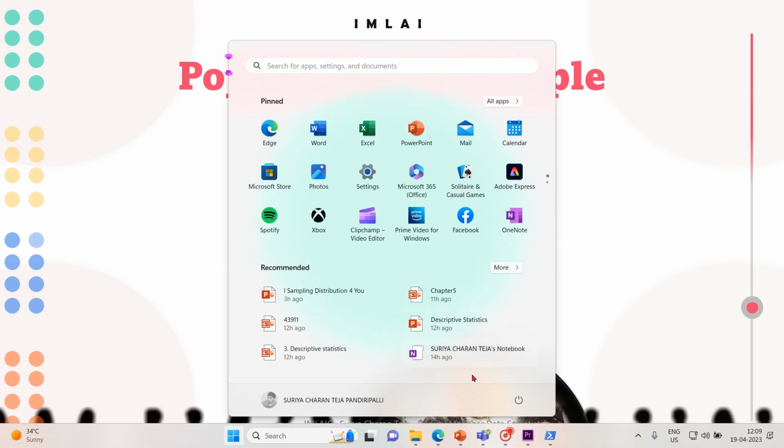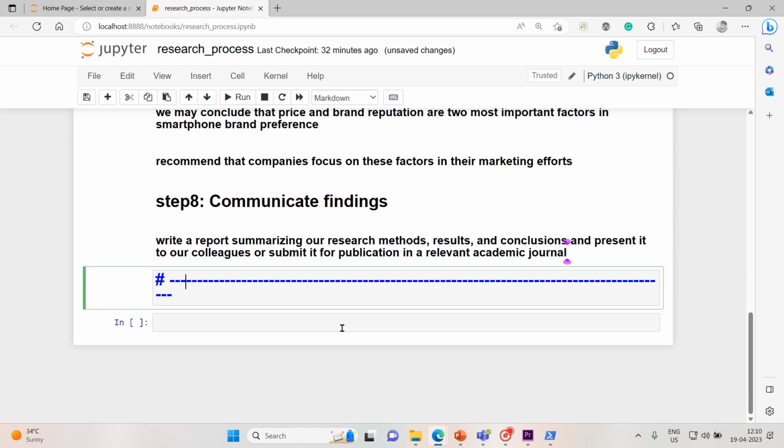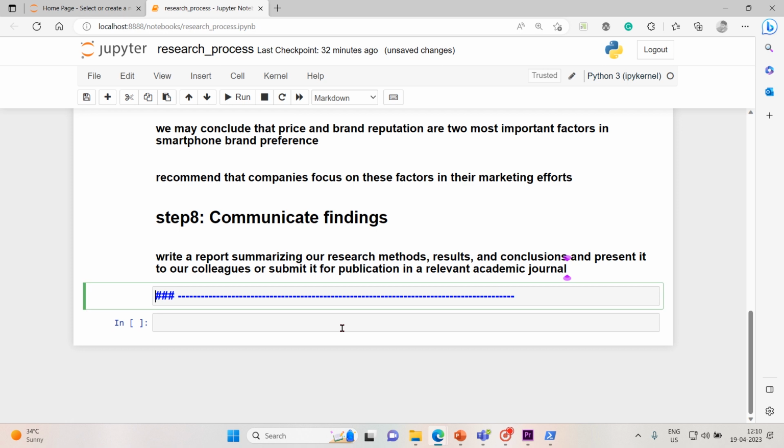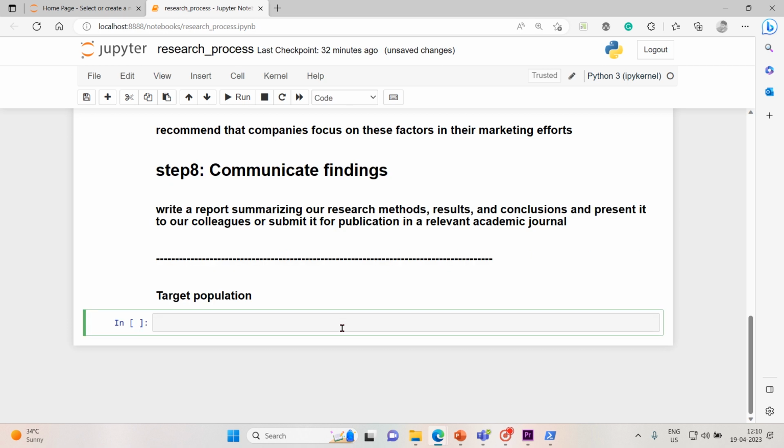Let's take a simple example for this. Target population is the group of individuals or items that a researcher is interested in.